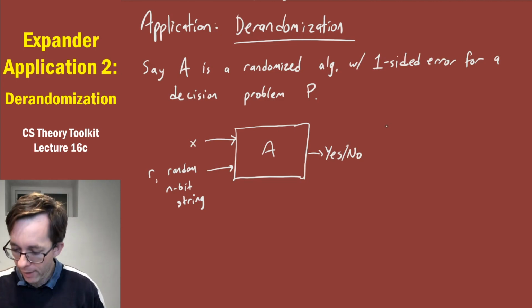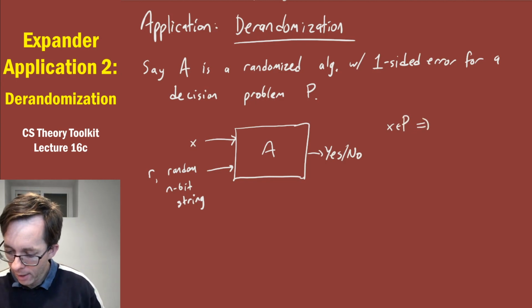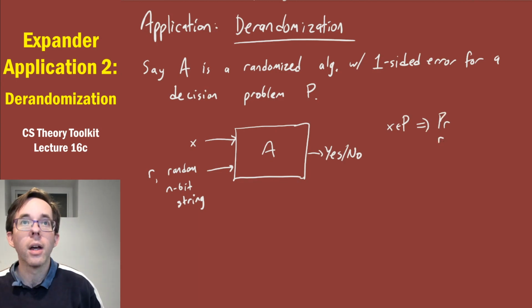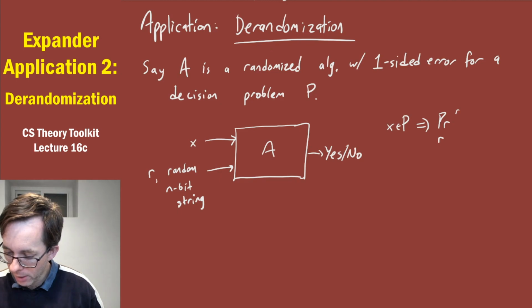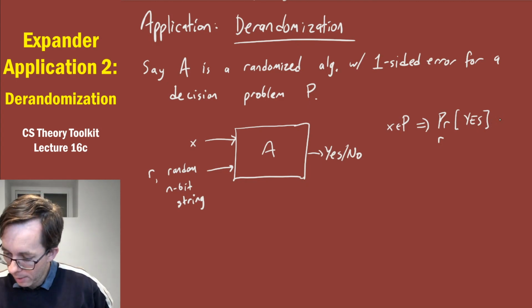If X is a yes answer, if X is in the language, think of primes again, then when you choose the random string R uniformly at random, the probability that you get the yes answer out of A when it's fed X and R is 1.